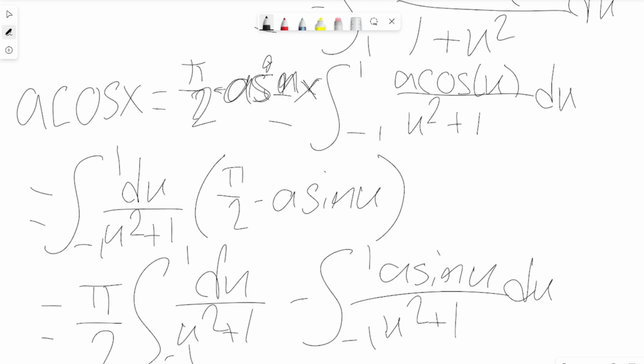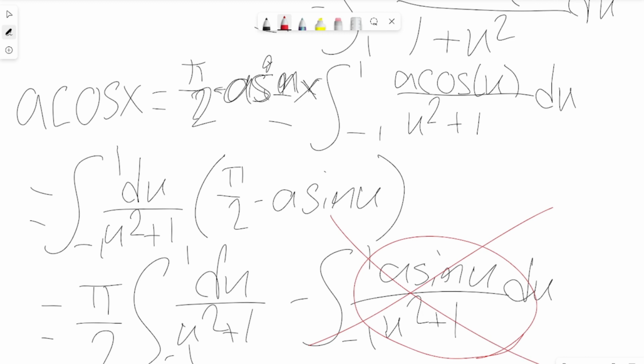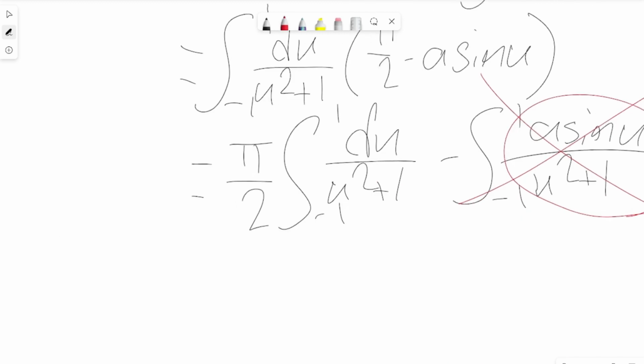Okay, so you can deduce that this whole inverse sine integral just cancels out because it's an odd function evaluated on negative and positive limits. Both of those segments cancel each other out, so this just gets eradicated.